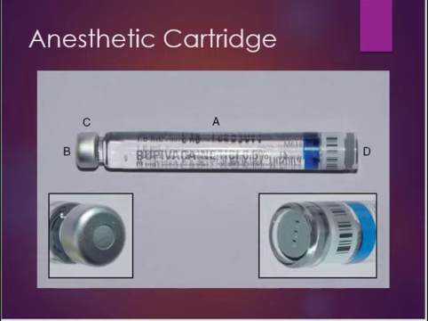Okay. Now, we talked about this in previous chapters, but the reason why the cartridge contains 1.8 milliliters and not 2 milliliters of solution is because of that rubber stopper.